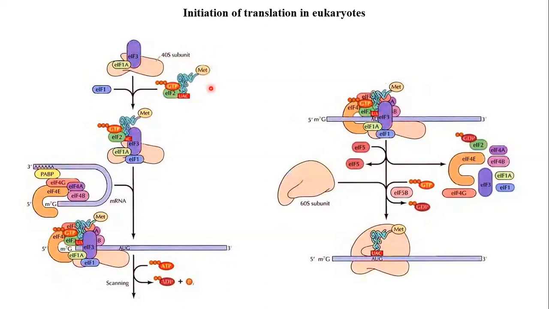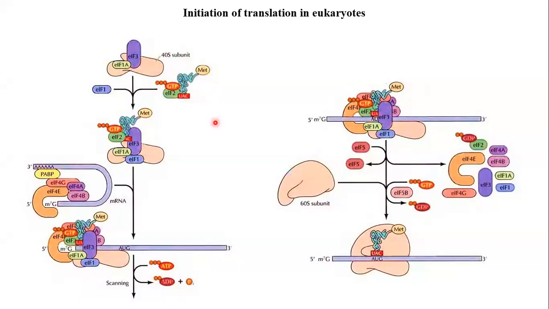Okay, and here you can see it is not formylated because formylated methionine doesn't occur in eukaryotes. It is a normal methionine, but eukaryotes also have 2 transfer RNAs. One transfer RNA which brings this initiating methionine is exclusively for initiation, and the other transfer RNA is used for methionine which will come in the rest of the polypeptide chain. Okay.